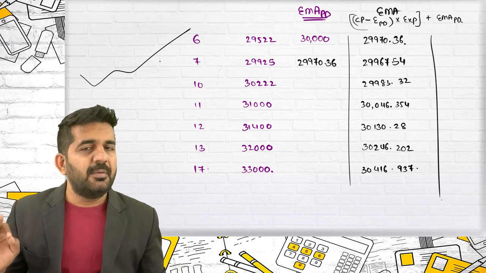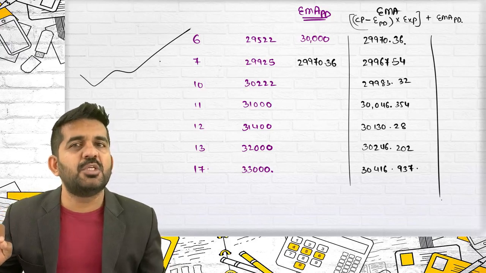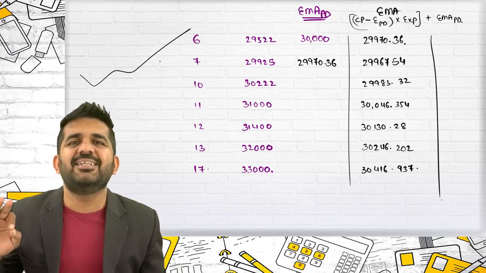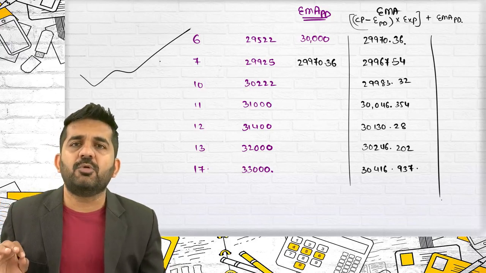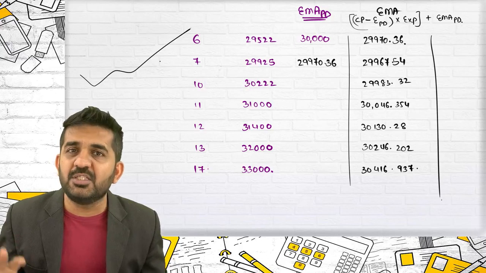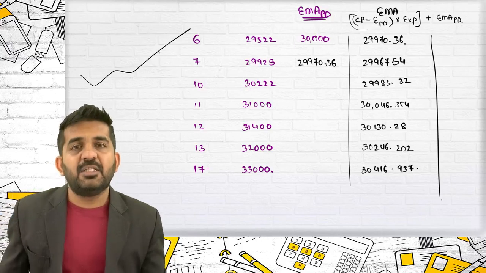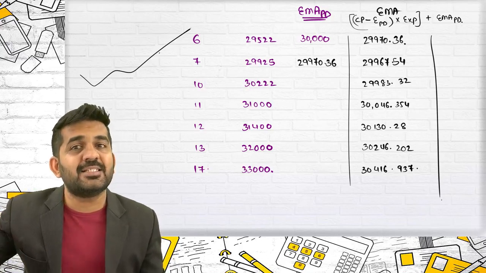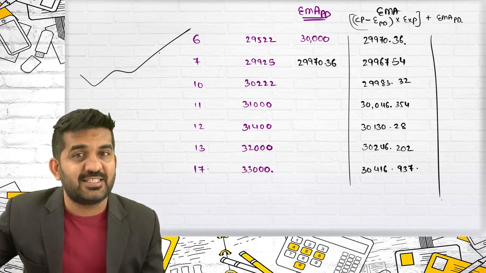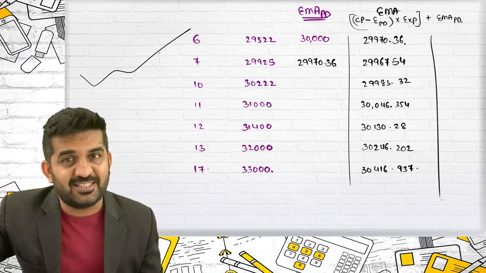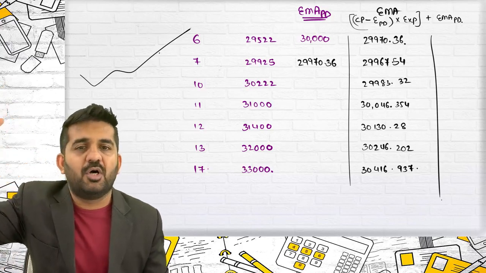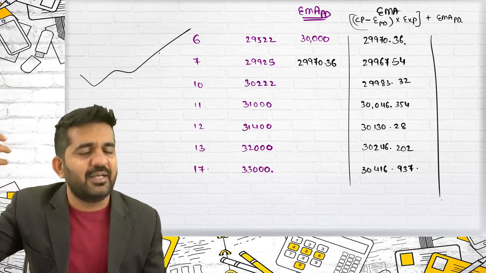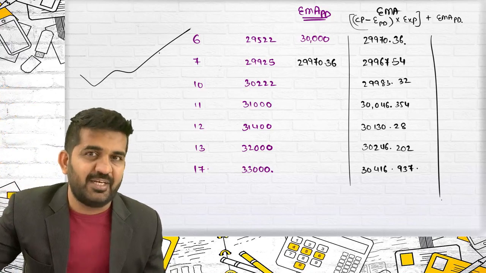And whatever interpretation you want to make from this graph, you can make it. Remember, simple average gives importance to all the data equally. When you are finding out exponential moving average, the importance is given to the latest data. Yesterday's Sensex, day before yesterday's Sensex, is given more importance as compared to 10 days before data, or 20 days before data.